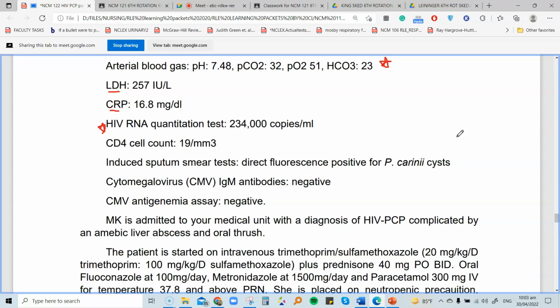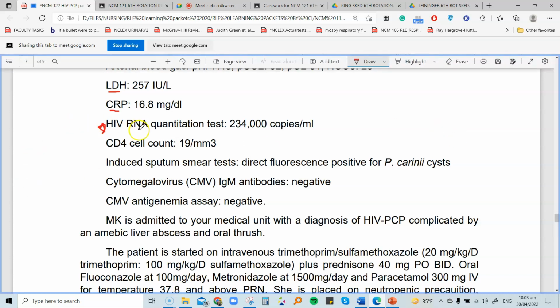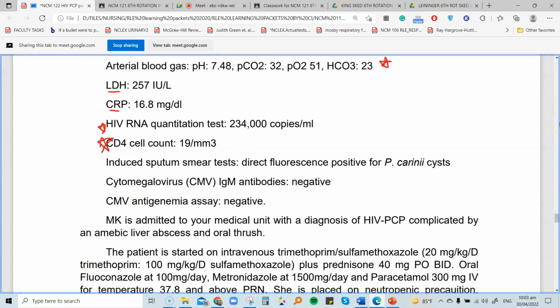Hence, it is one of your landmark results for HIV, if you have a lot more in your quantitation test. CD4 count, again, put a star on this one. 19 cubic millimeter. 19 lang po ang ating CD4 cell count.